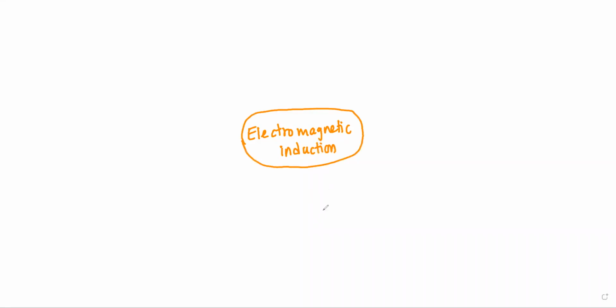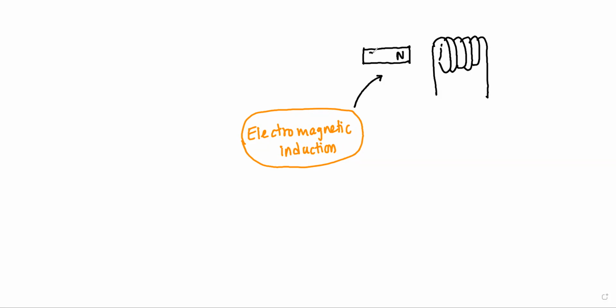Right, so in electromagnetic induction, the first thing is what electromagnetic induction is. Electromagnetic induction means when there is a coil, in another word you call it a solenoid, and let's say there is a magnet, and the magnet can be moved in and out of the coil.